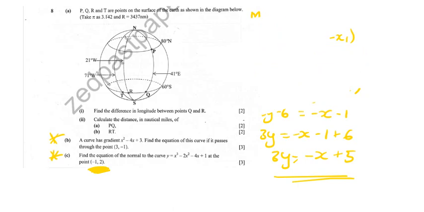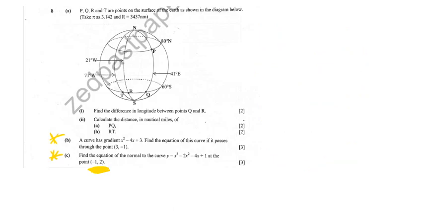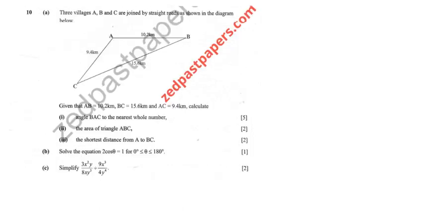Let's proceed to the next part of finding the angle of the question, which is trigonometry. This question, guys, is very simple for as long as you just follow the steps that are required.